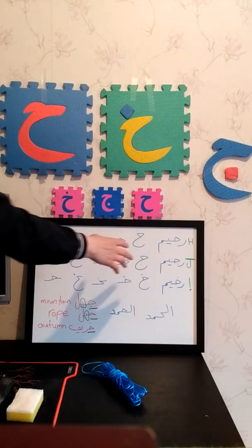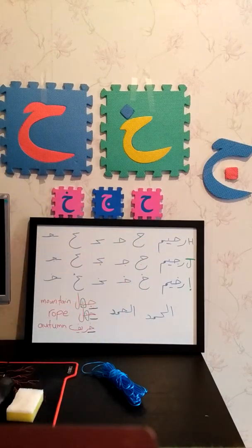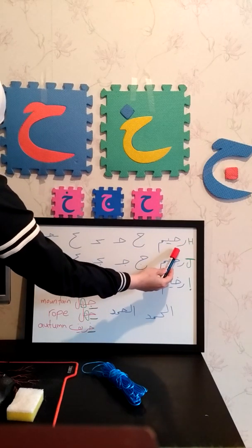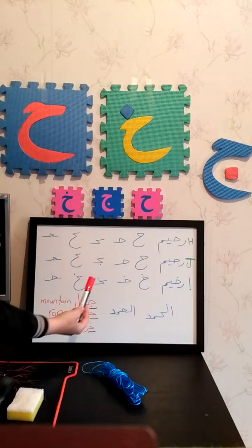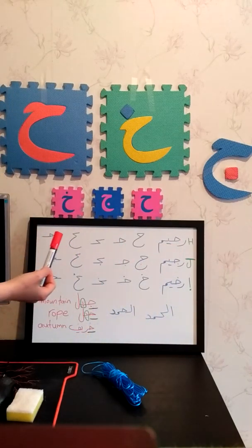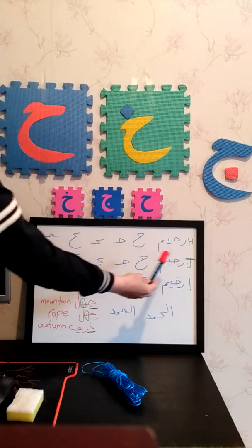To take this word as an example, if you want to read it, we read it Rahim. It means merciful, as I have written it in a previous episode.